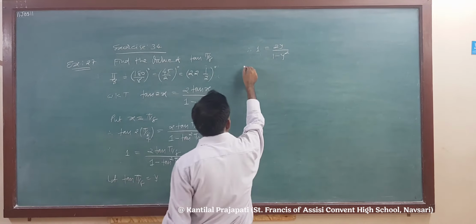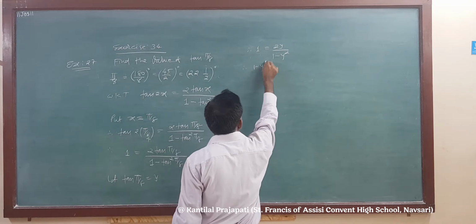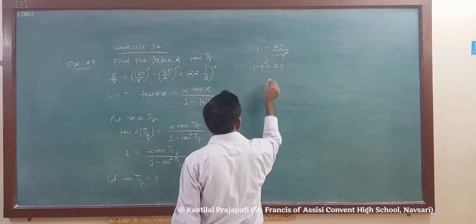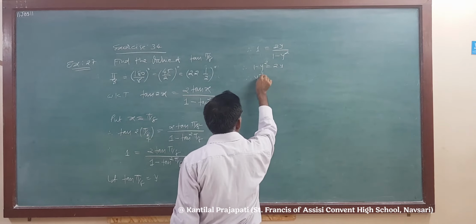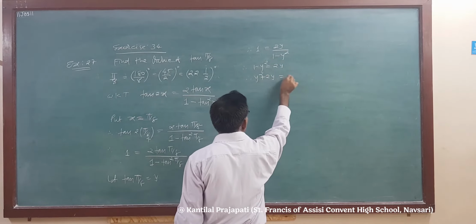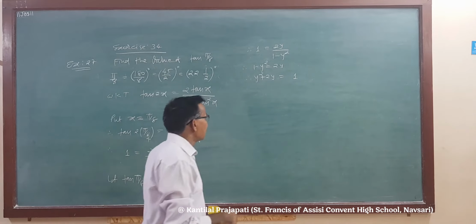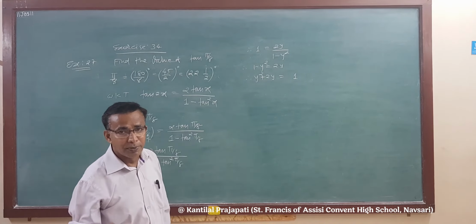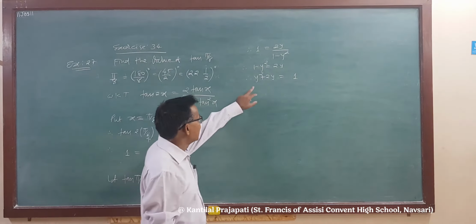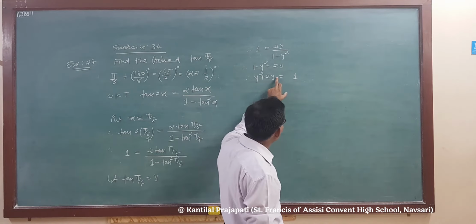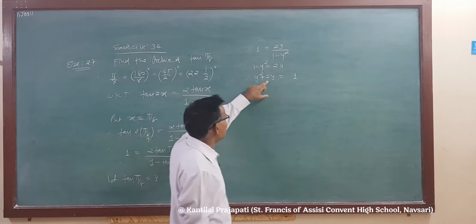So therefore, 1 minus y square is equal to 2y. Or we get y square plus 2y is equal to 1. This is a quadratic equation. We are solving by the perfect square method. To y square plus 2y, we add plus 1, then this becomes a perfect square.